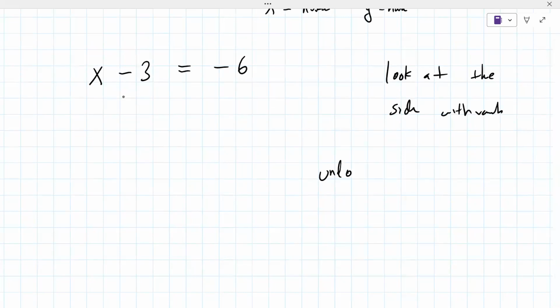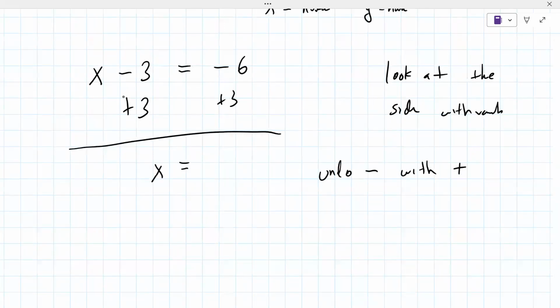You undo subtraction with addition. So you're going to add 3 to both sides. What does this equal? My answer I got was x equals -3 because they're different signs. Very good.